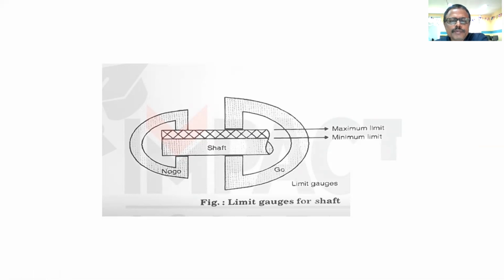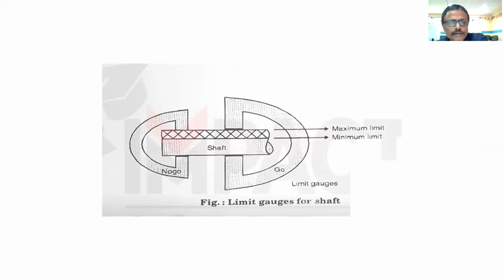From Taylor's principle, the go should check the maximum material condition. So this is the go. This is checking the maximum material condition. What is the maximum material condition for shaft? It is the maximum limit size. And for no go, it is the minimum limit size.